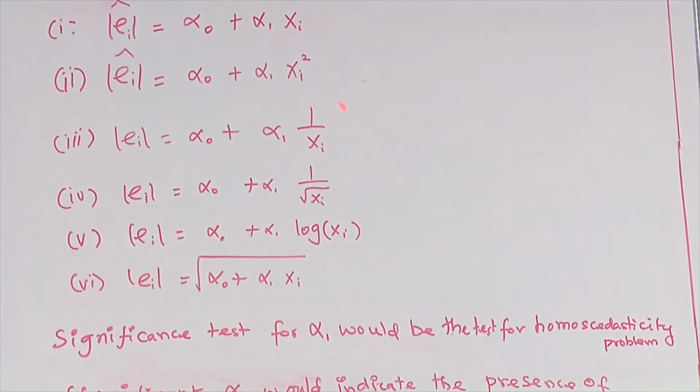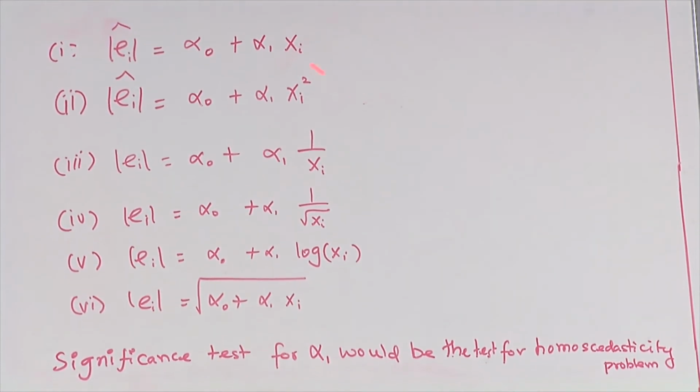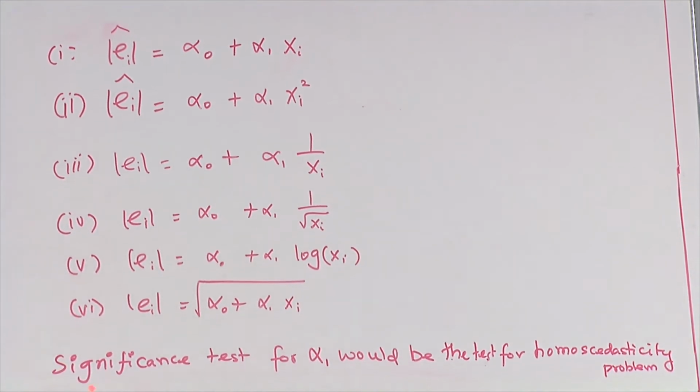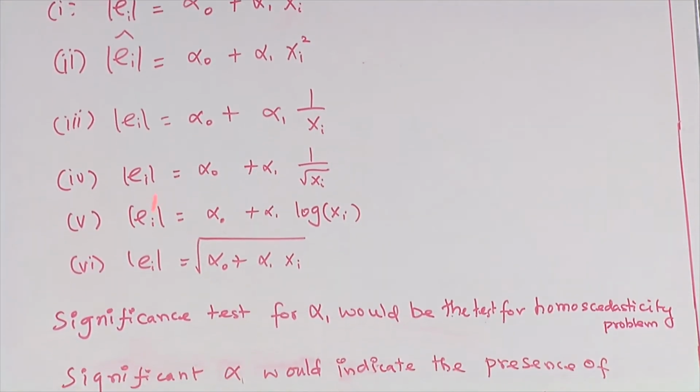Of these, the first 5 specifications can be run with OLS, and the last can only be run with other than OLS techniques. So, here the test is very simple.